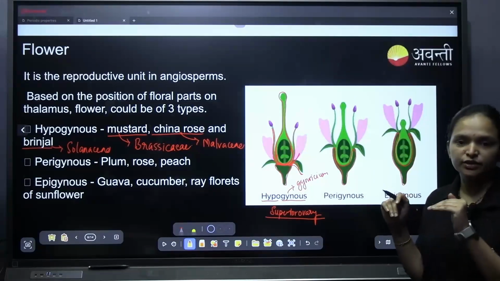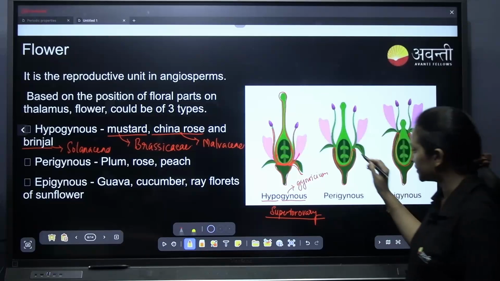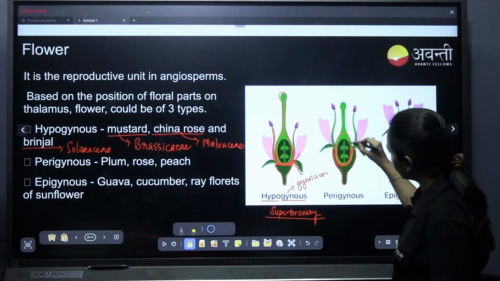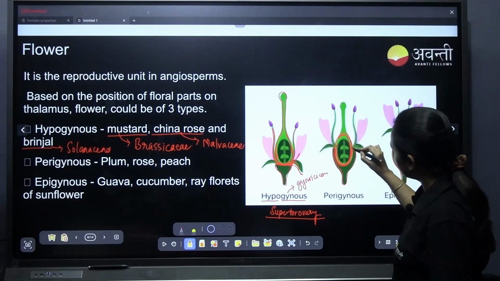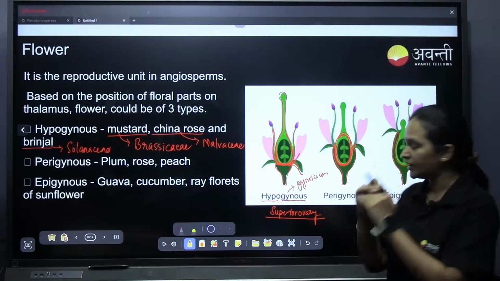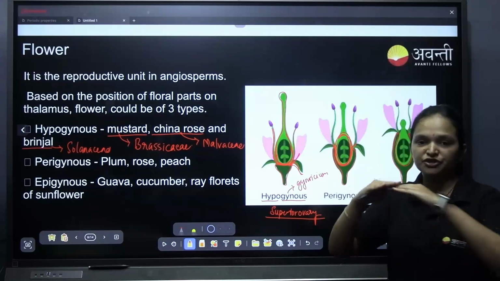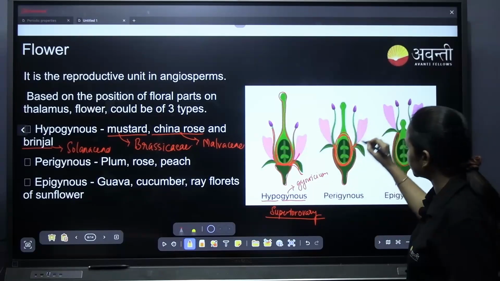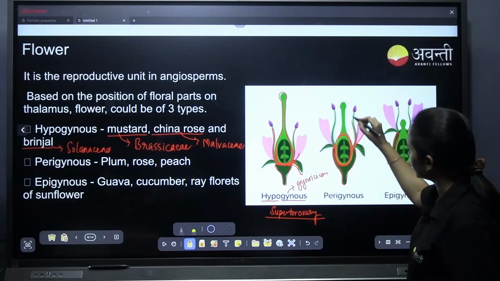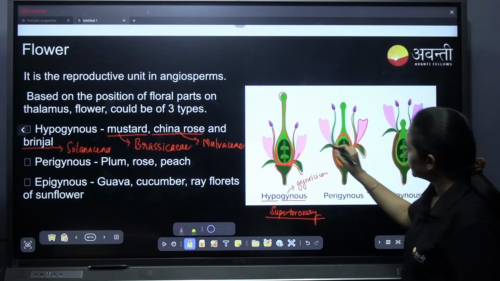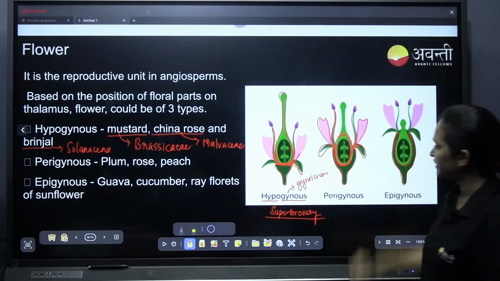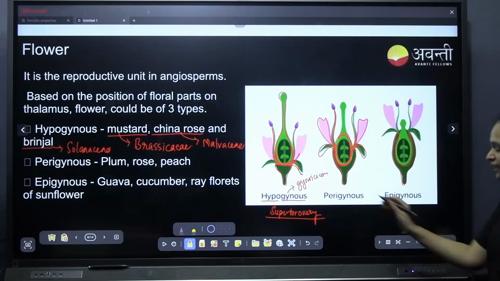Now coming to the perigynous condition. Perigynous means not superior, not inferior, it is in the middle, so half inferior or half superior. If this is the ovary, the other floral parts also arise from half of the ovary, from the same position as the ovary. That is called perigynous.